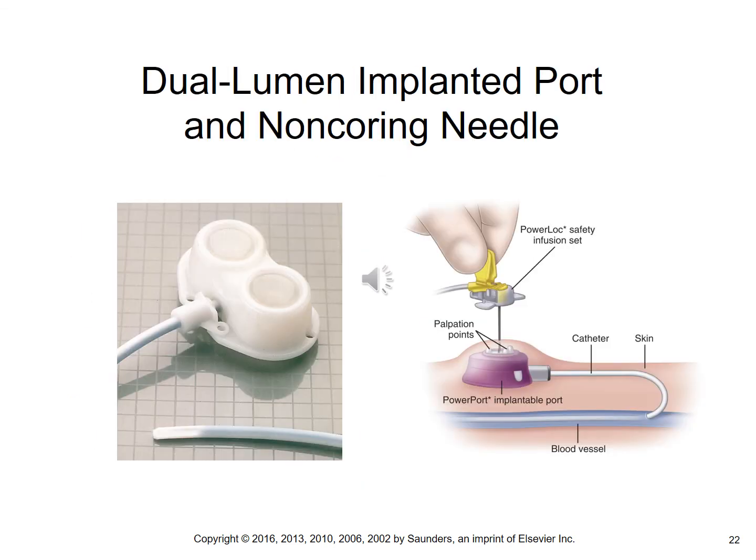This is just a picture of the implanted ports. On the left, you have a dual lumen implanted port for venous access. On the right, you have a non-coring needle with the safety mechanism, the Huber, actually being utilized in the port so you can see how to access it.